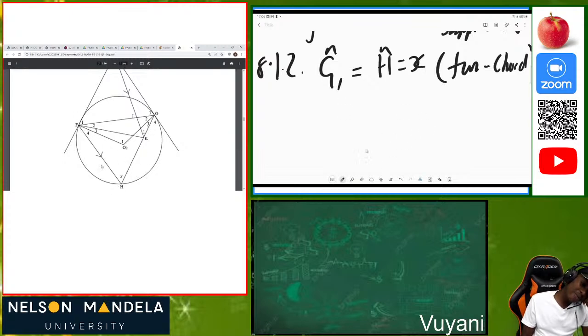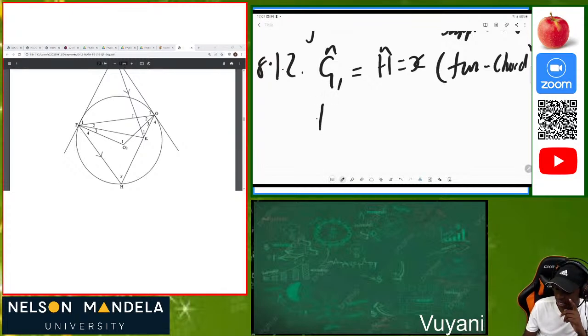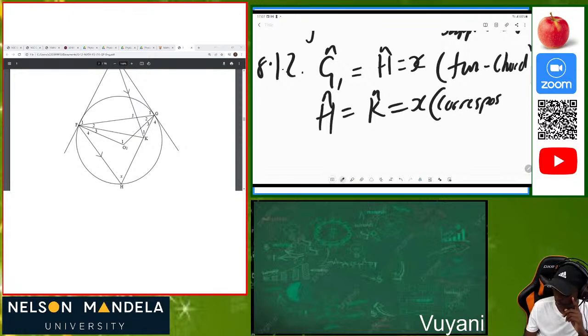They form a letter F. So we can also write down that angle H is equal to angle K is equal to angle X because they are corresponding angles. And when you have corresponding angles, you always state your parallel lines. EK is parallel to FH.